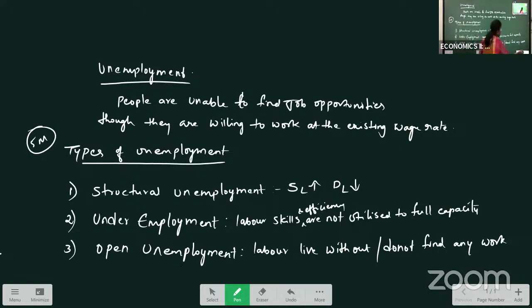Then the next type of unemployment we have is educated unemployment. What is this educated unemployment?